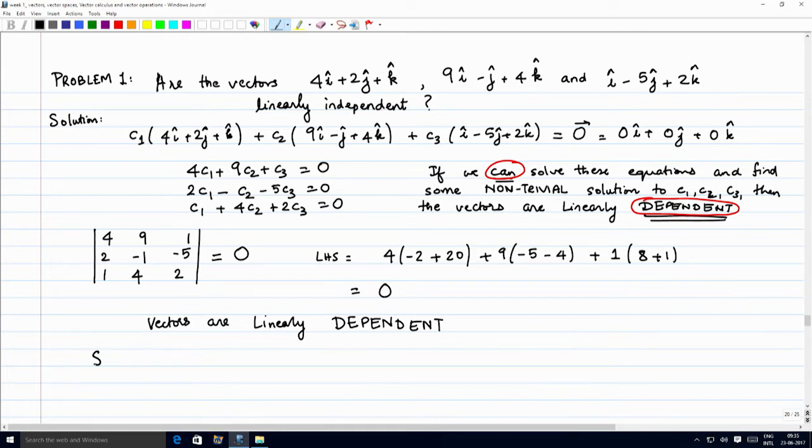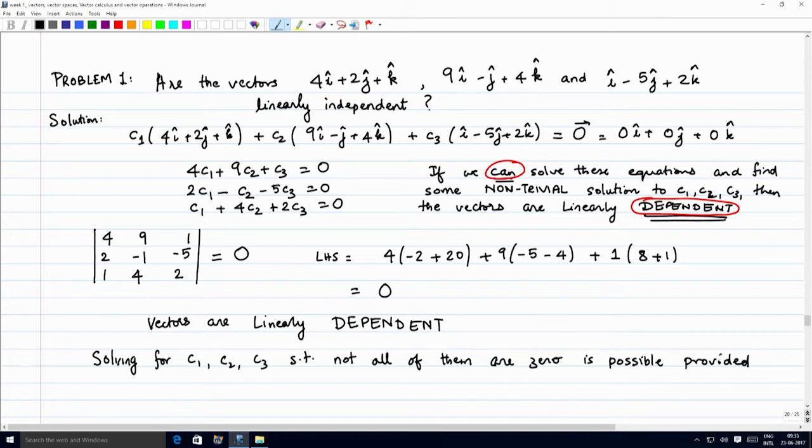Now, solving for C1, C2, C3 such that not all of them are 0 is possible, provided one of them is chosen arbitrarily.